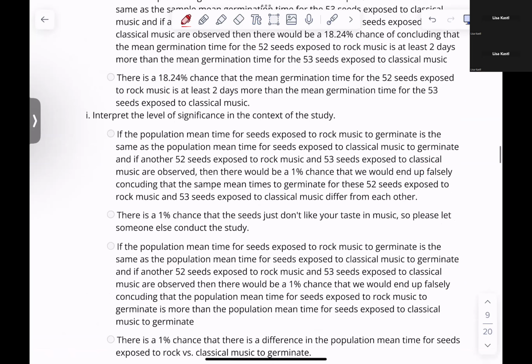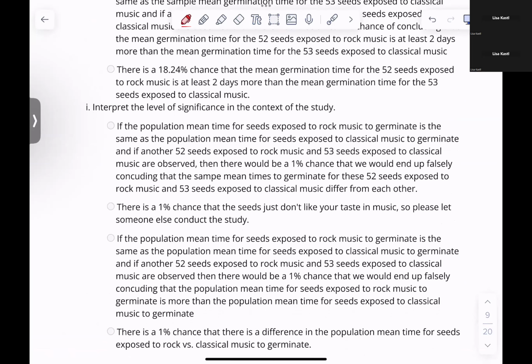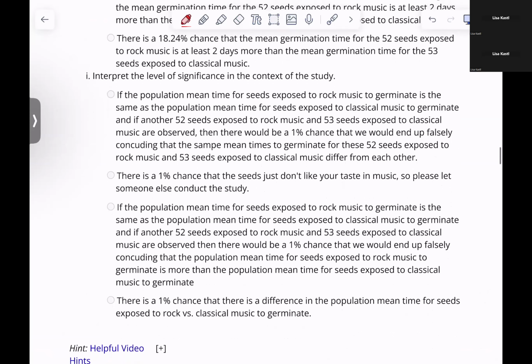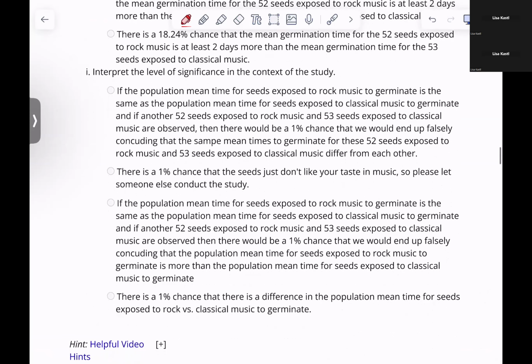And then the last one, interpret the level of significance, which is the probability of getting a type 1 error. The population mean for seeds exposed to rock is the same as the population mean for seeds exposed to classical, the test we did falsely concluding. No, it's this one, because it was more than.